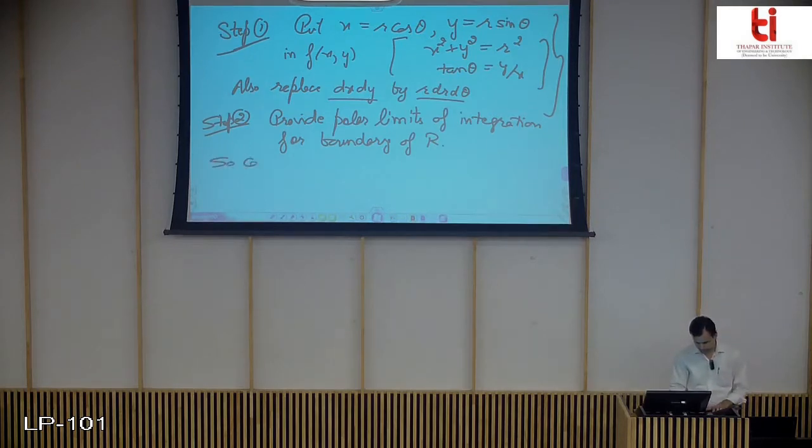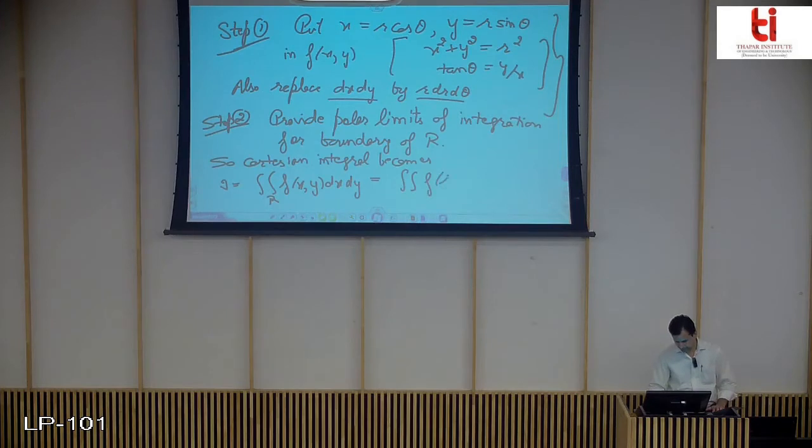So the Cartesian integral becomes, this is your R, dx dy, this is your f. x changes to r cos theta, y changes to r sin theta, and dx dy changes to r dr d theta.